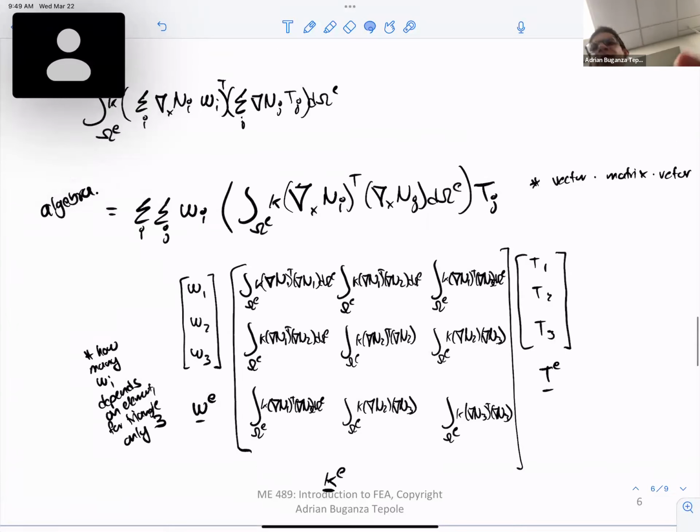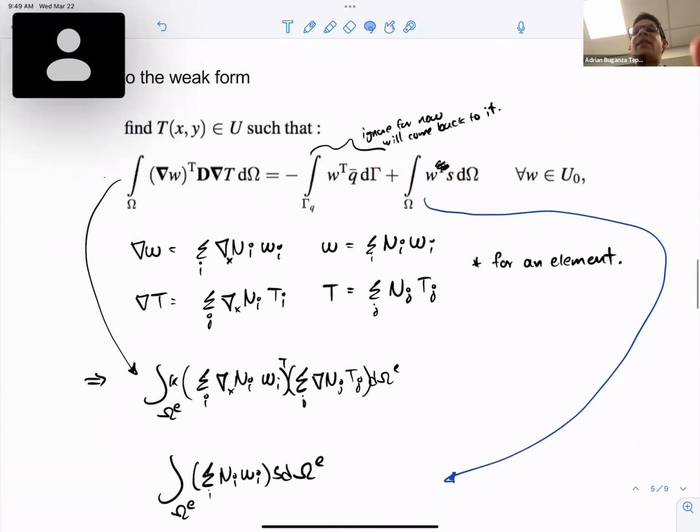Oh, I was saying that the D is a matrix, the conductivity matrix, but for what I'm doing today, I'm considering isotropic conductivity. That means K times the identity, and then you can ignore the identity. Because if you have a vector times identity times a vector, then it's just a vector dotted with a vector.